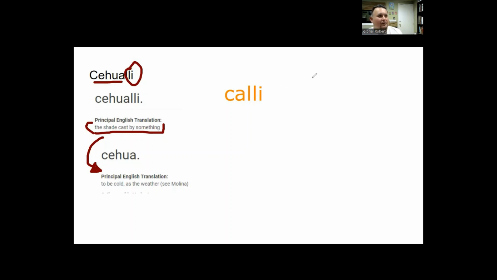It's from before Nahuatl was a distinct language, right? It was part of the Uto-Aztecan family. So at some time in the past, linguists estimate maybe about 3,000 or 4,000 years ago, there was not a Nahuatl language.